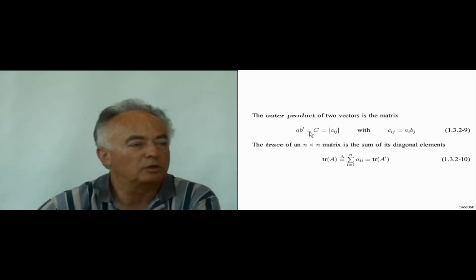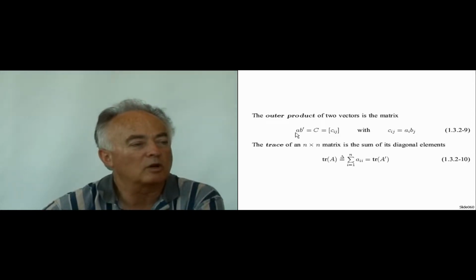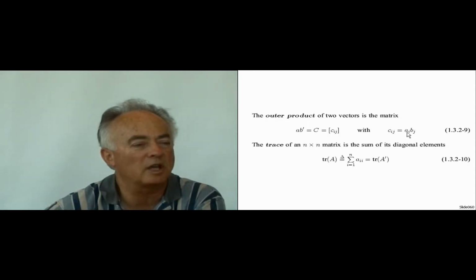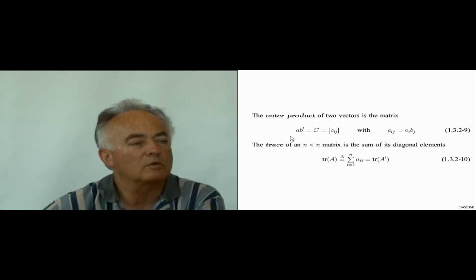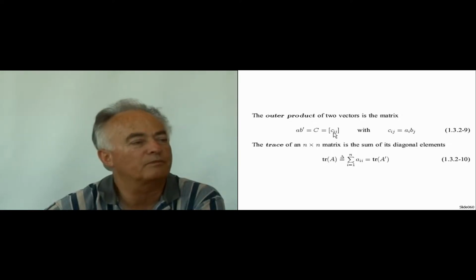The outer product of two vectors, A B prime, A column, B in row form, is the matrix C with elements Cij given by Ai times Bj. Obviously, the two vectors A and B now don't have to have the same dimension. An n vector outer product with an m vector is an n by m matrix.